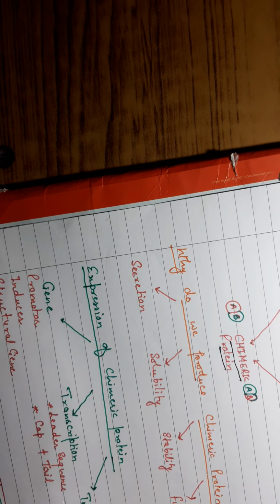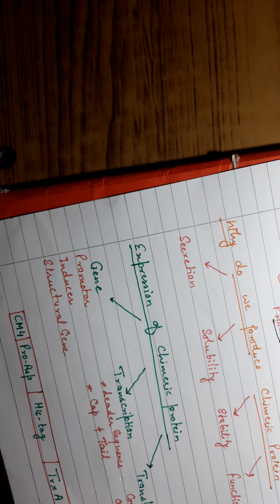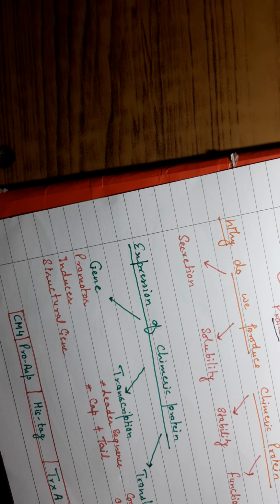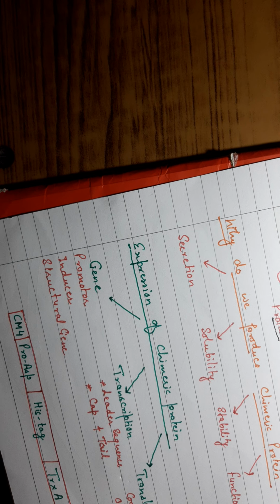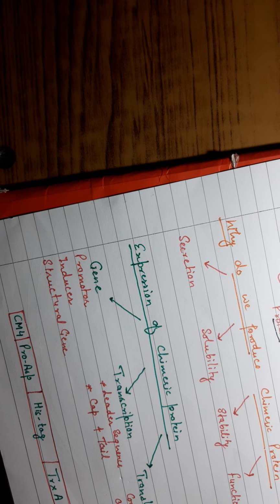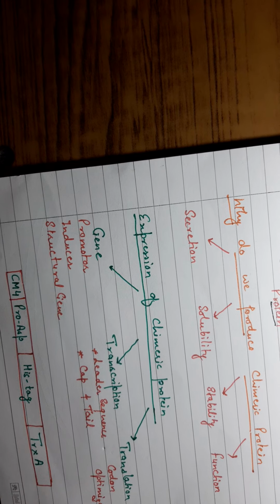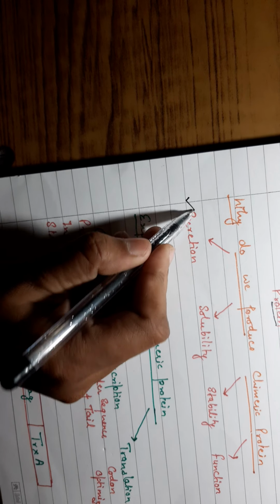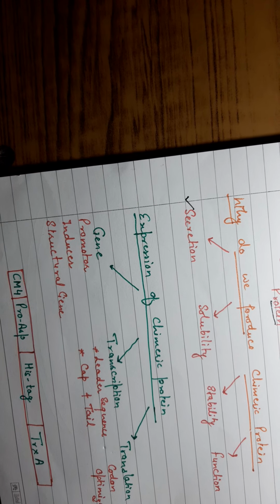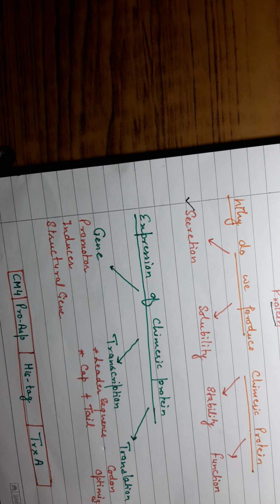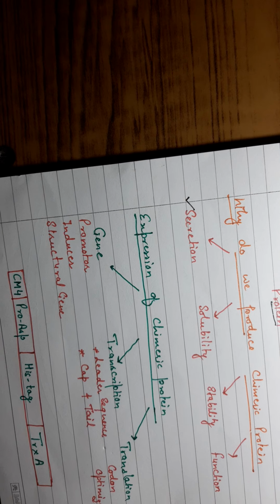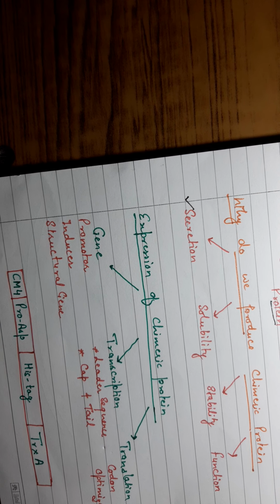Why do we produce chimeric protein? The question is, why do we actually need chimeric protein, or what is the intention to produce chimeric protein? We produce chimeric protein for different intentions. Say for example, we want to increase secretion of a protein, so we may produce a protein that has secretion ability.